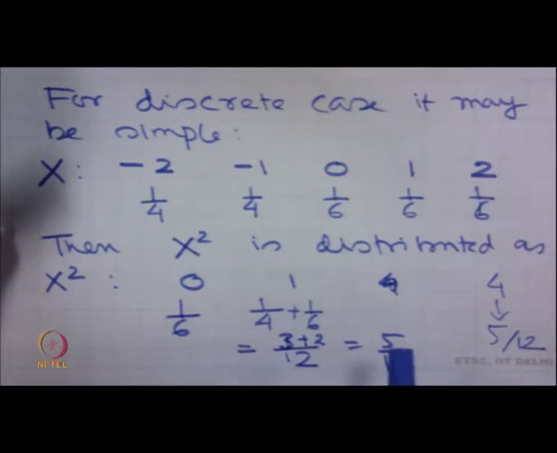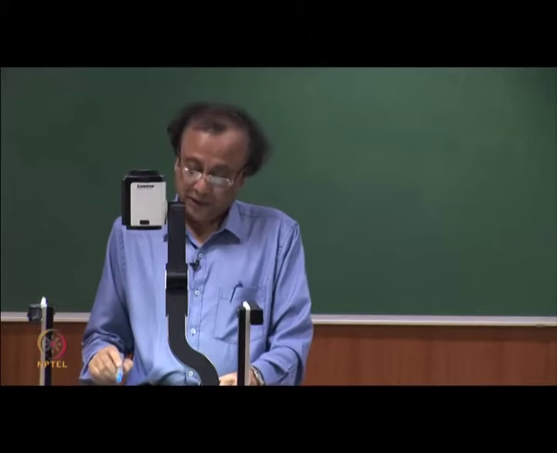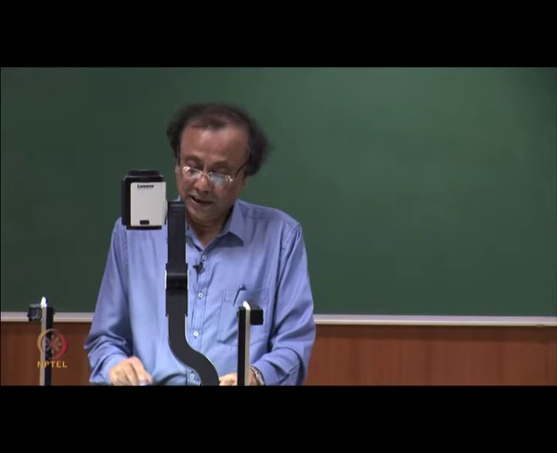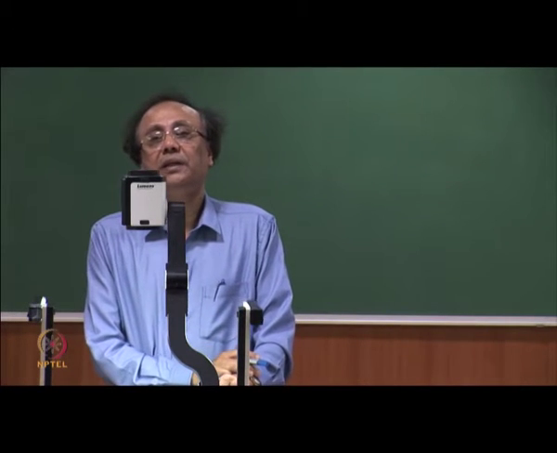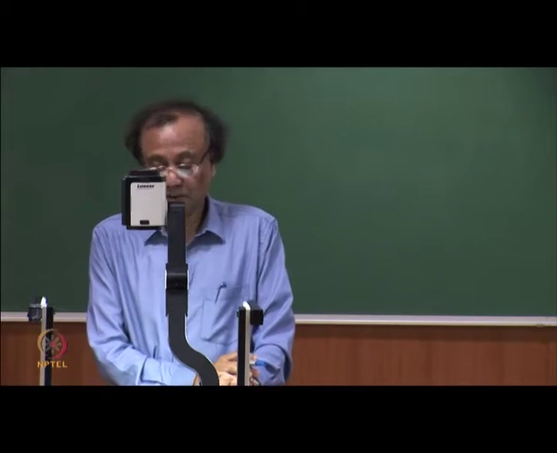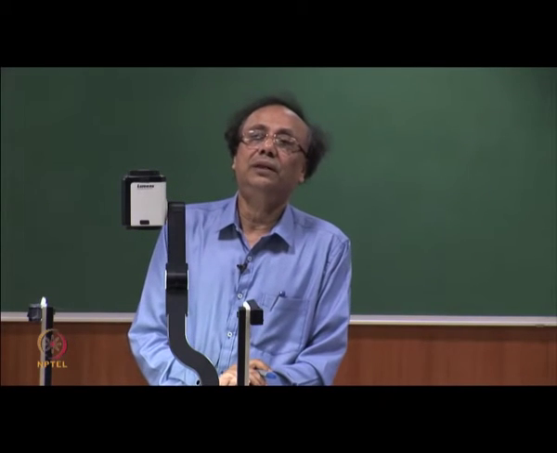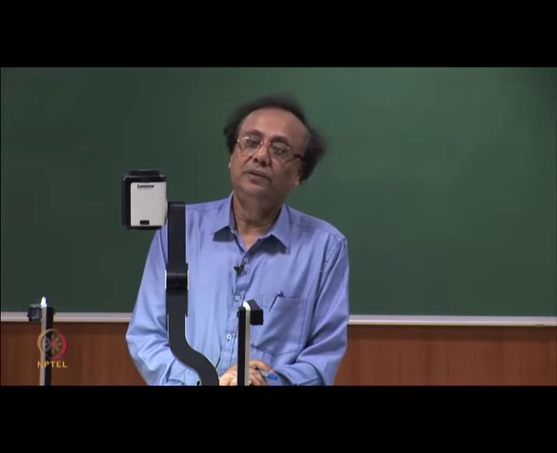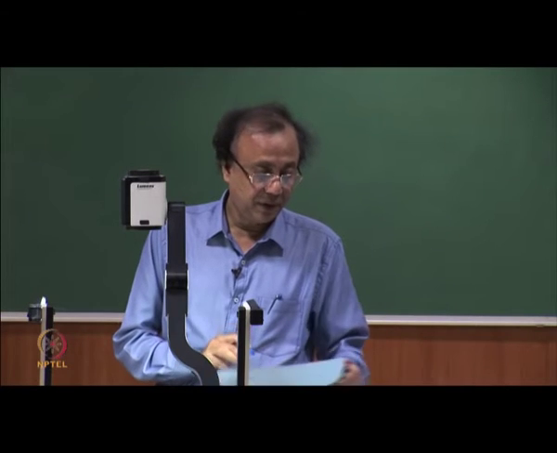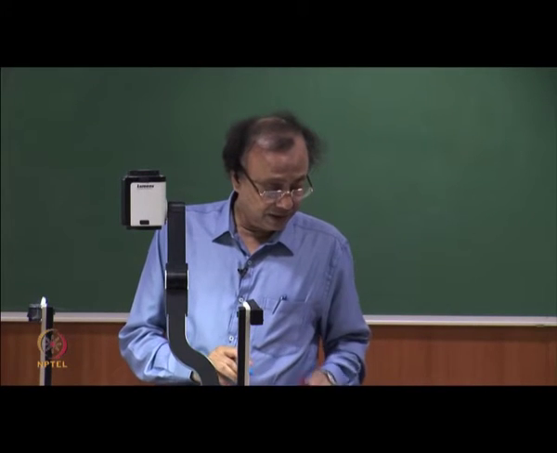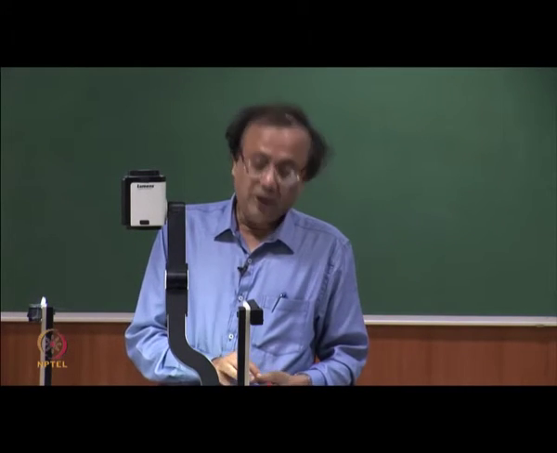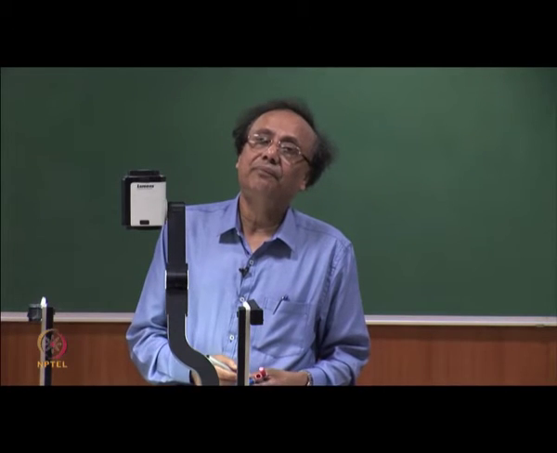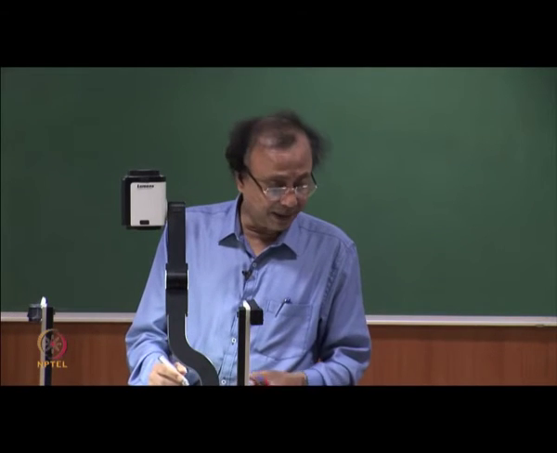But there is no way I know the decomposition of this into the two values, which are the respective probabilities of x is equal to minus 1 and x is equal to plus 1. The question is, why we cannot do it in this case, but we can do in some other case.